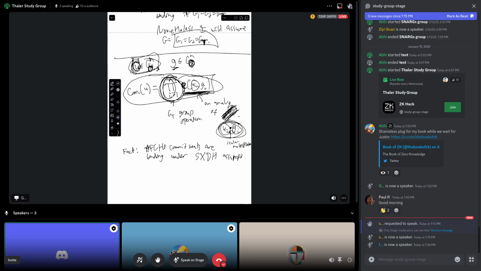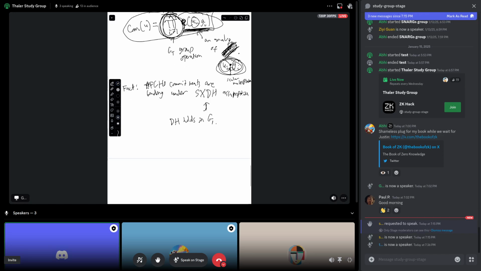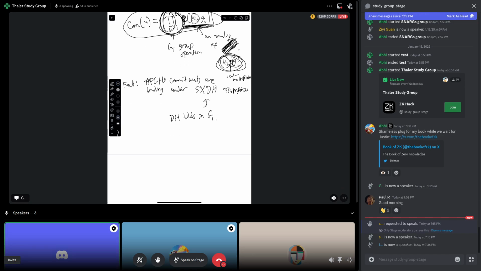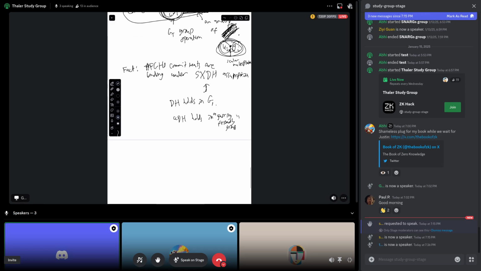I'm pretty sure this is just saying that the Diffie-Hellman assumption holds in G1. So basically, Diffie-Hellman holds in a pairing-friendly group, because we need pairings here. I really should have looked this up, because there is a small chance I'm saying something a little wrong here.